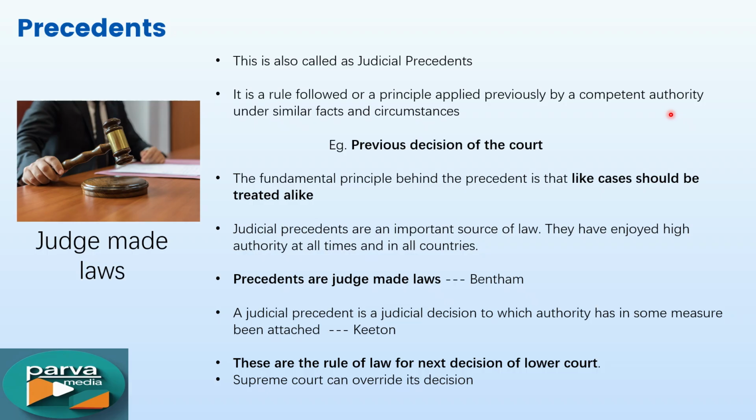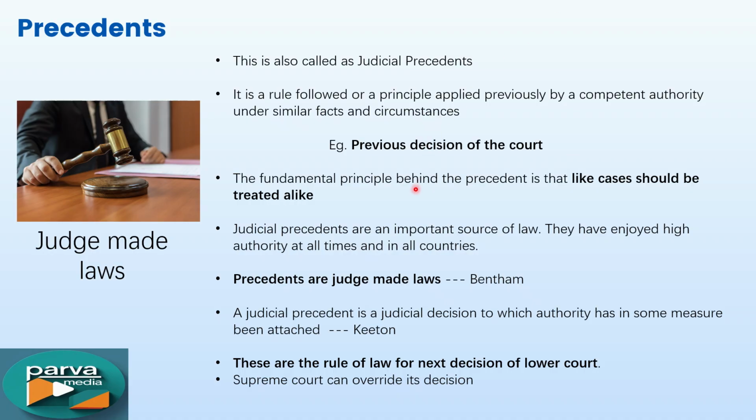If a court has decided a particular issue in the past, that decision can guide future cases involving comparable situations. So precedents are previous decisions of the court, which should be used by other courts in the next similar cases.